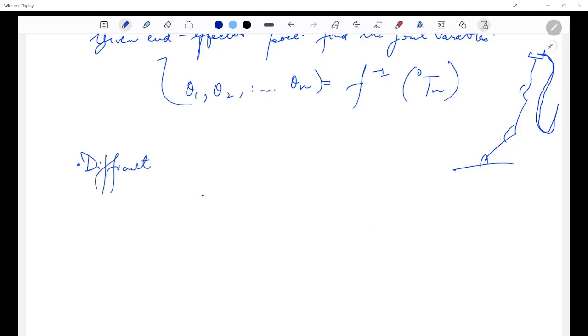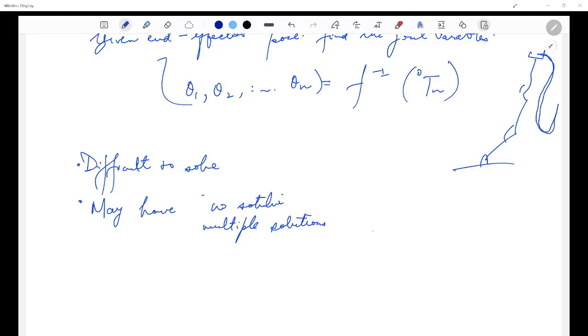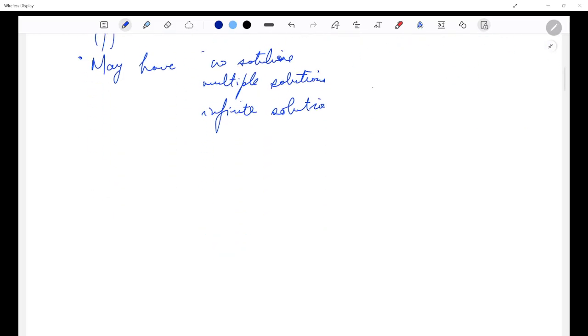And why is it difficult to solve? Because it may have no solution, it may have multiple solutions, and it may also have infinite solutions. So can you tell me, let's say I have a 2R manipulator? That means I have two links.